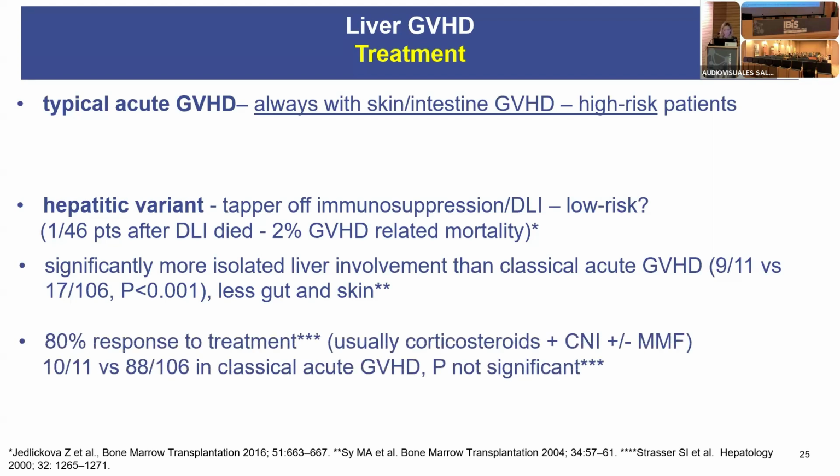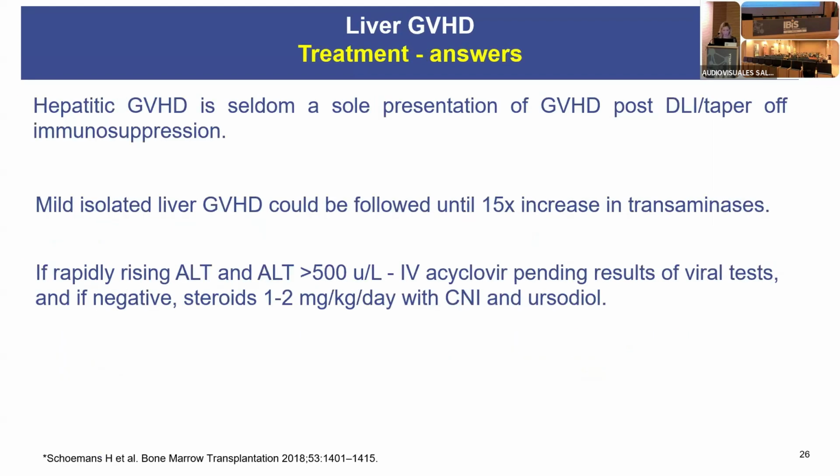Also, 80% of these patients respond to treatment, usually with steroids and reintroduction of calcineurin inhibitors. All this, the sole presentation, the fact that we do not have to act so aggressively, and that we often use steroids and calcineurin inhibitors, explains why in the new NIH classification this hepatitic variant is a form of chronic GvHD, an unclassified chronic GvHD.